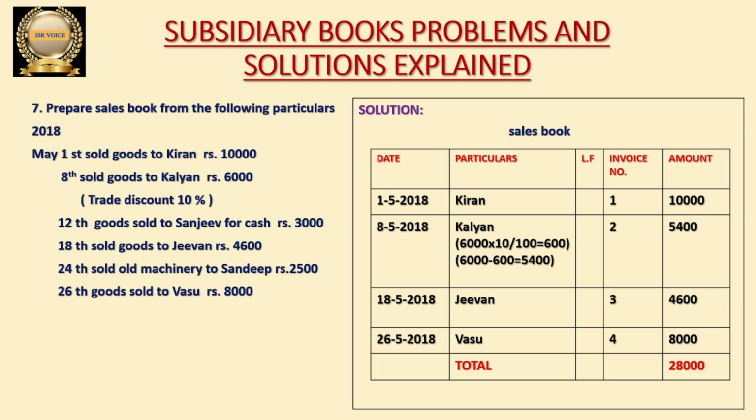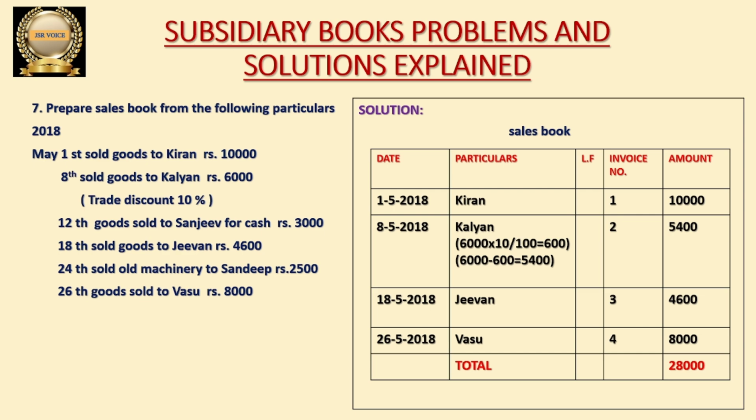Next, 26th date, goods is sold to Vasu. Goods is sold to Vasu, related to sales, and it is goods only, first condition satisfied. To Vasu, name is given, second condition also satisfied. Cash is not given, so it is credit sales only. We can write it because it is satisfying three conditions.